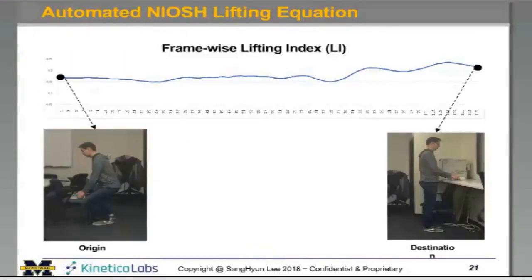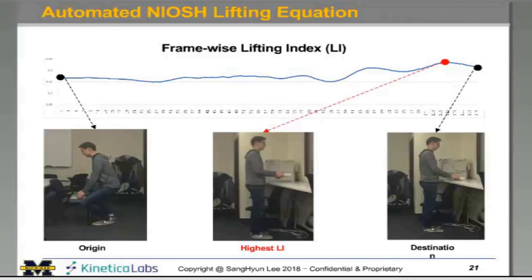So if you pick the origin and destination manually, we are going to identify which one has the highest lifting index. If you let our system pick, we are going to identify something slightly different from what you're expecting from your destination. This is because, for example, when you lift something and place it in a higher position, what people do is reach high and then put it at the destination.